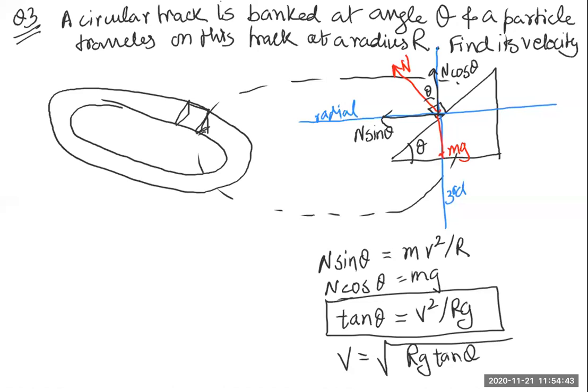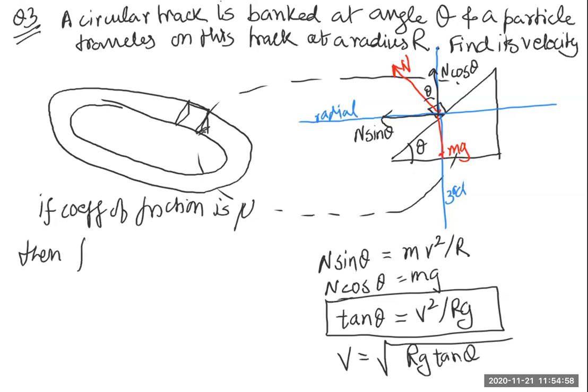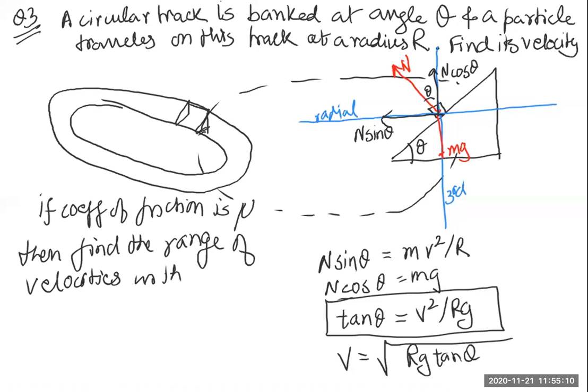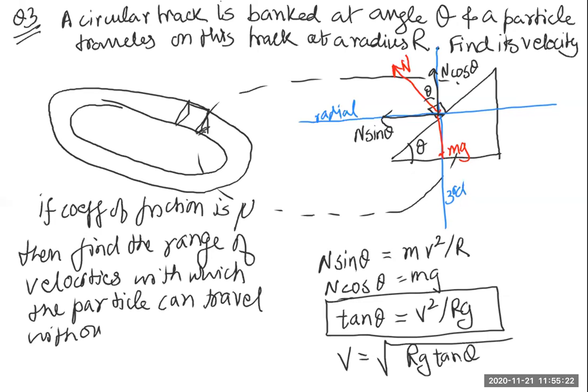Next part of the same question. If the coefficient of friction is mu, then find the range of velocities with which the particle can travel or move without slipping.